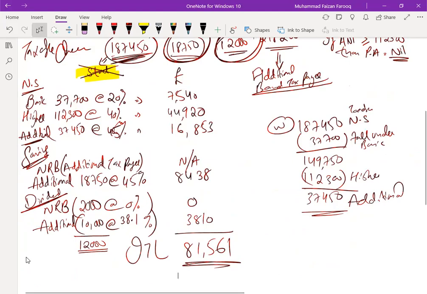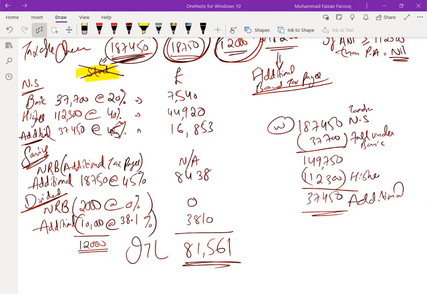In the notes you sent, under the dividends column, we have additional band, like 150,000 pounds plus 38.1%. It's not plus. Let me correct it.